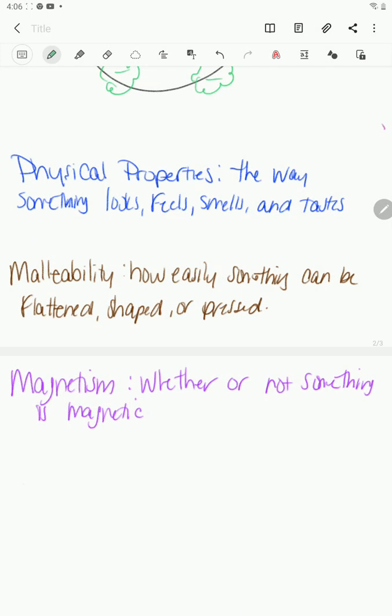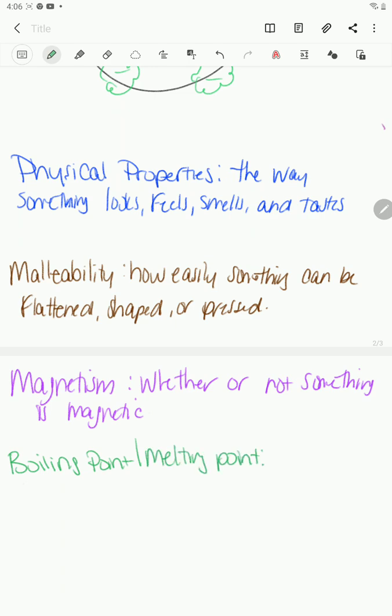So, another physical property is boiling point and melting point.